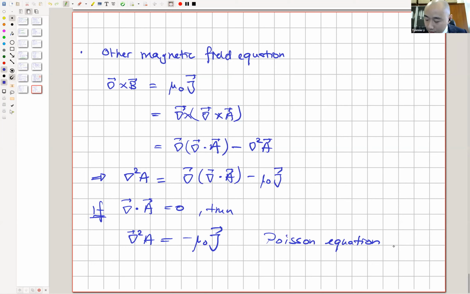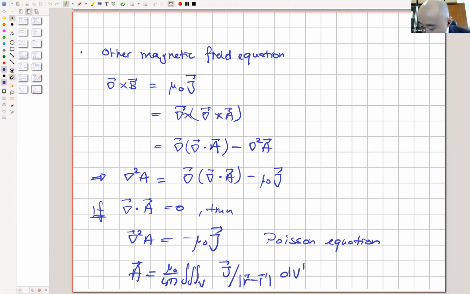This is important because it allows me to write that A is simply mu naught over 4 pi, the integral over V of J divided by the magnitude of R minus R prime, dV prime. This is just because it is a solution to the Poisson equation.